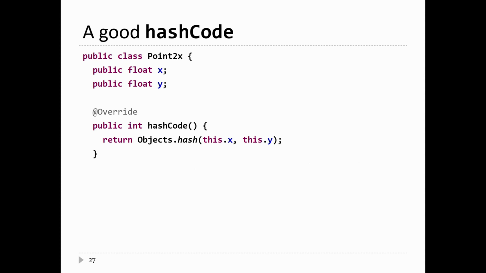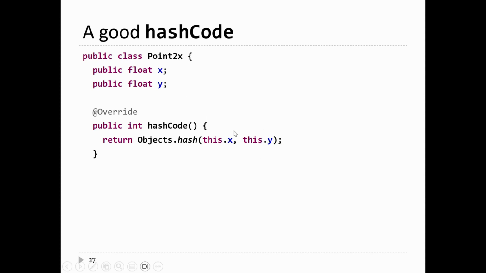So what is your goal? Well, it turns out it's pretty easy now. In modern versions of Java, you can just write this. There's a utility class called Objects, with a capital O and an s. Inside, there's a method called hash. You just pass hash all of the values that you want to use in your hash code.